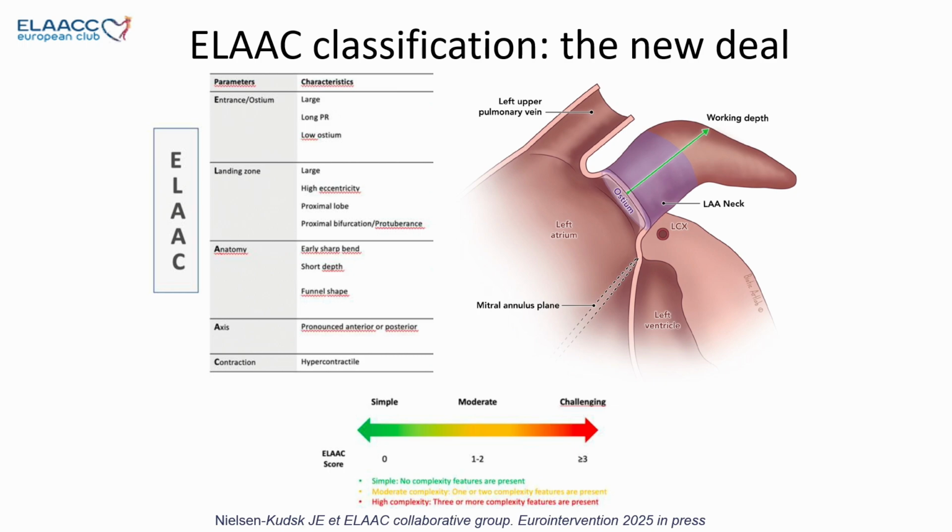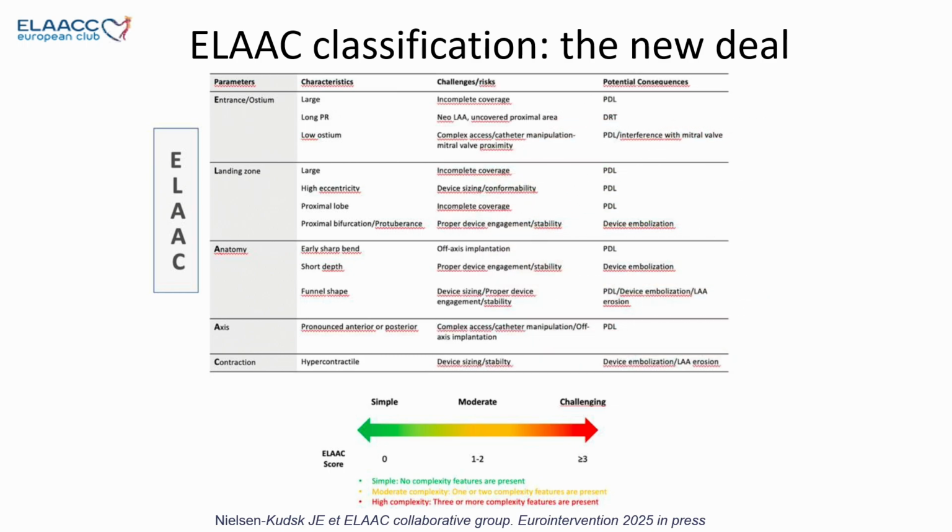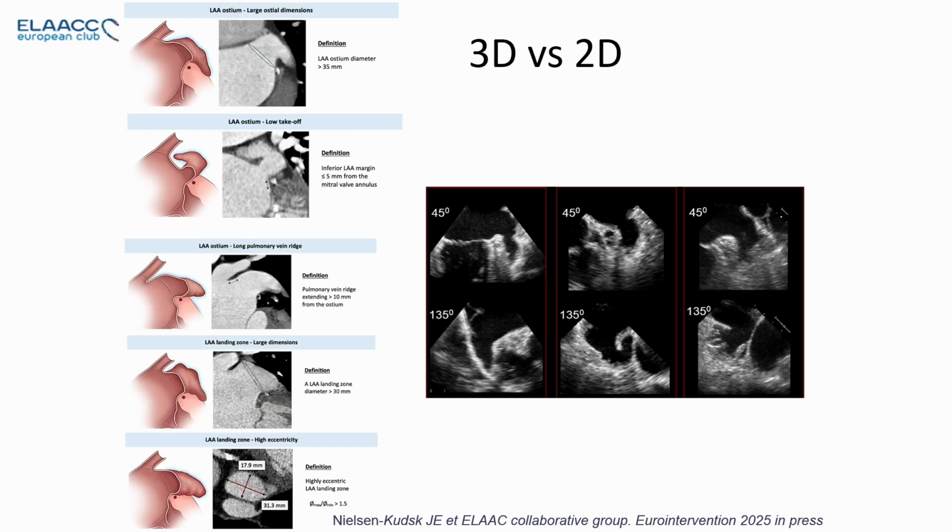And as Adel showed us yesterday, this new classification is focused on every single anatomic feature of the LAA potentially associated with difficult intervention, leading to a potential challenge or risk or potential consequences and suboptimal implantation such as PDL or DRT. Once again, the opponents or the critics of the planification could argue that most of these anatomic features can also be evaluated by simple 2D TEE in the cath lab.